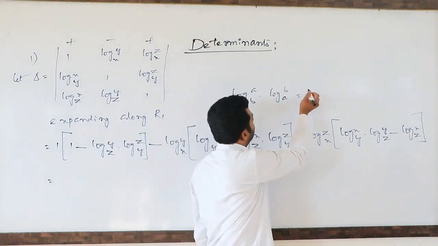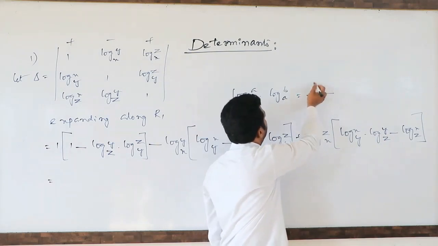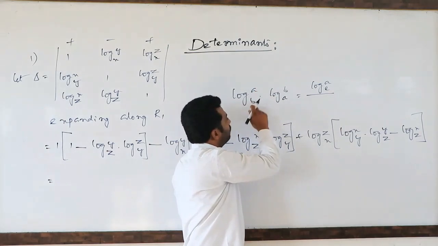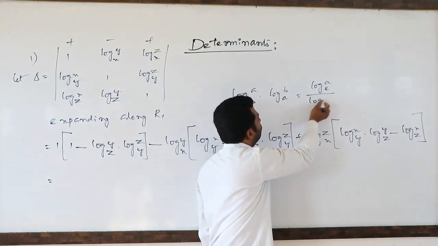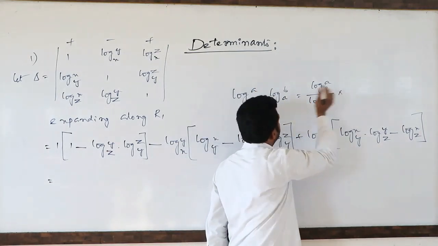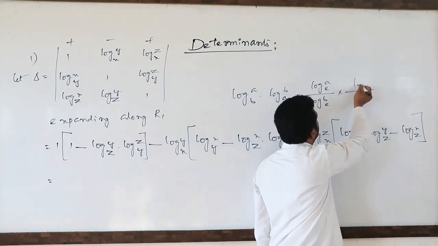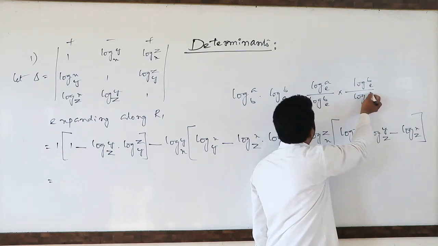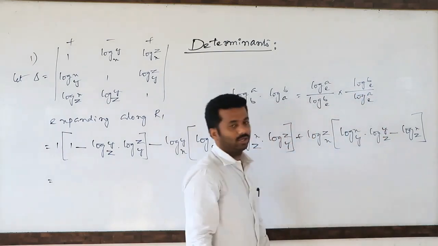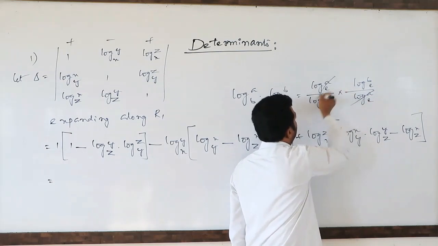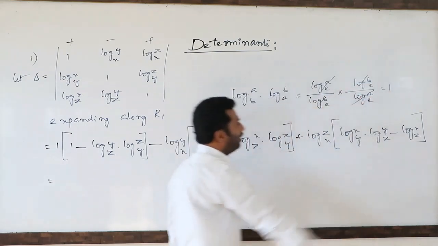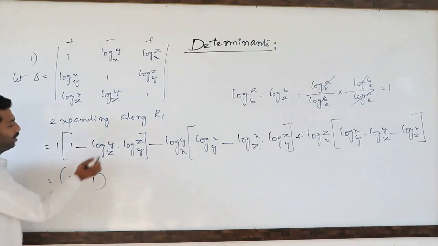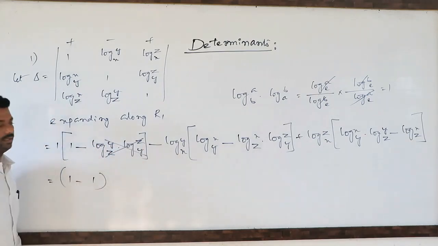How to prove it: log a base b is log a divided by log b, and log b base a is log b divided by log a, using the base conversion law. These two cancel, so the answer is 1. So this is 1, and this is also 1 because these cancel.